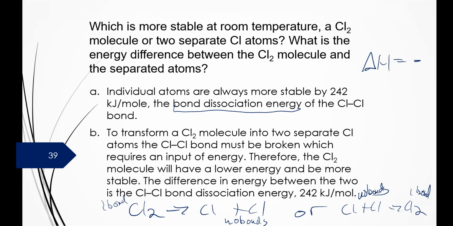And so if we're looking at Cl2 to Cl plus Cl, right? So the molecule to the atoms, we're kind of breaking apart one bond. And so that is an energy of 242 kilojoules. And we're not forming any bonds.